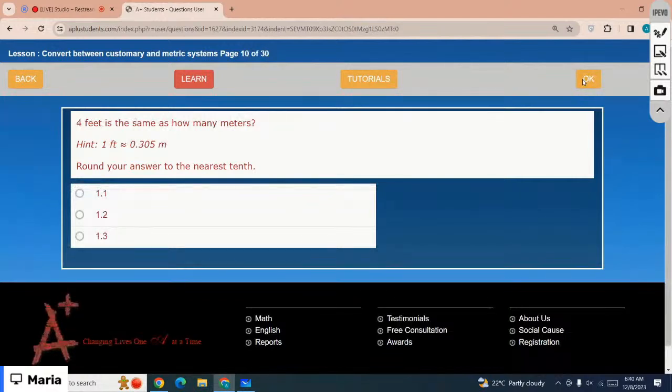Okay, the next one is 4 feet is the same as how many meters? Which is the correct option?